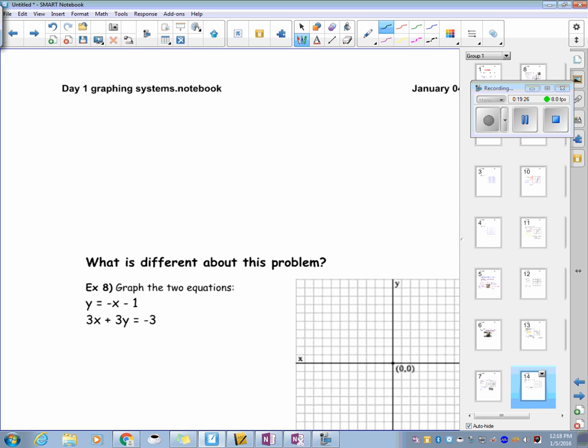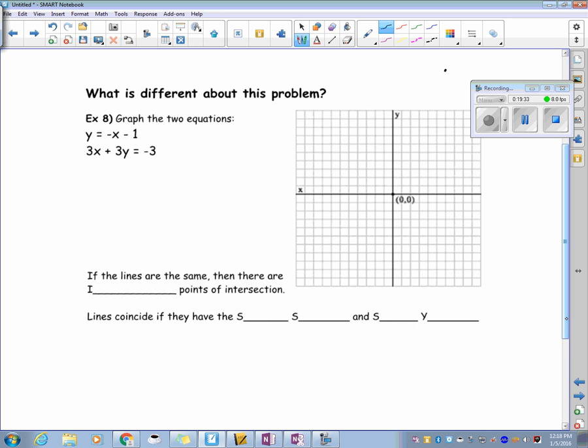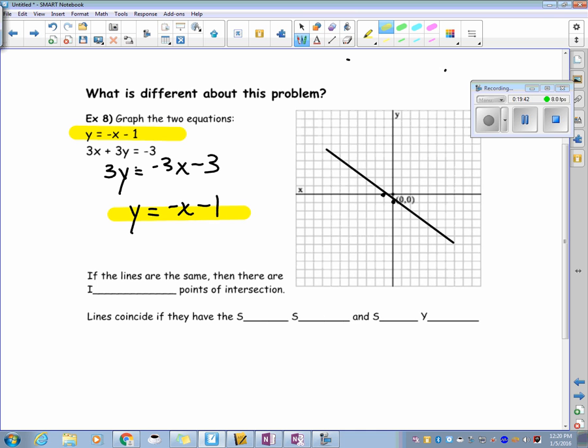So let's graph these two equations. You can see for this one that we have the same slope and the same y-intercept. So there are infinitely many points of intersection.